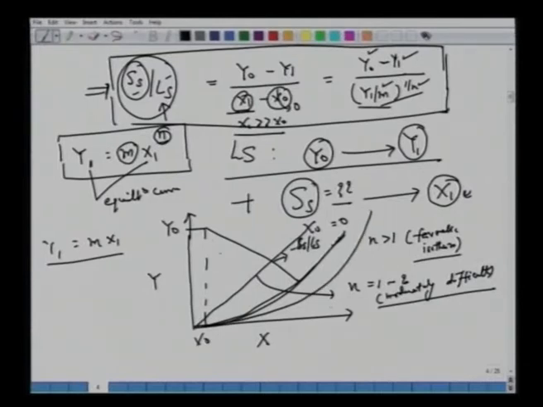For n equal to 1, the operating line will be a straight line, except it will end here. Similarly we can have n less than 1, and it is a very poor adsorption.